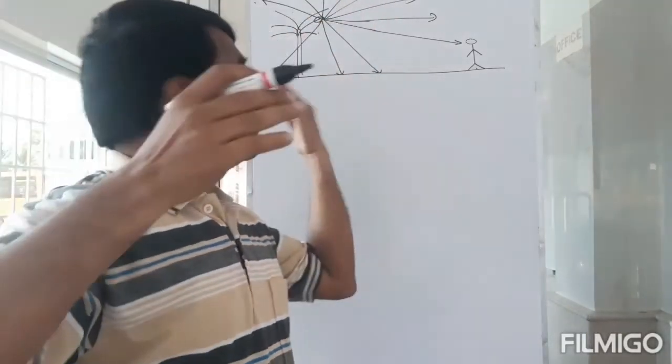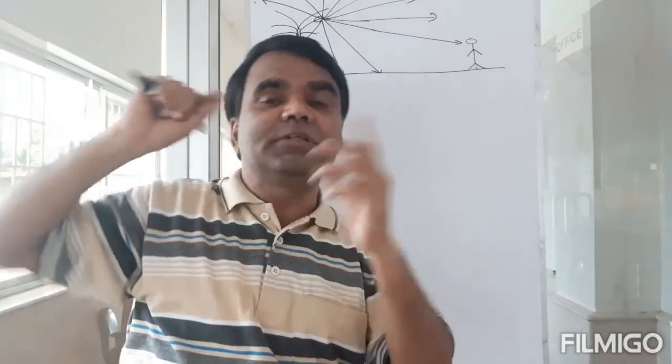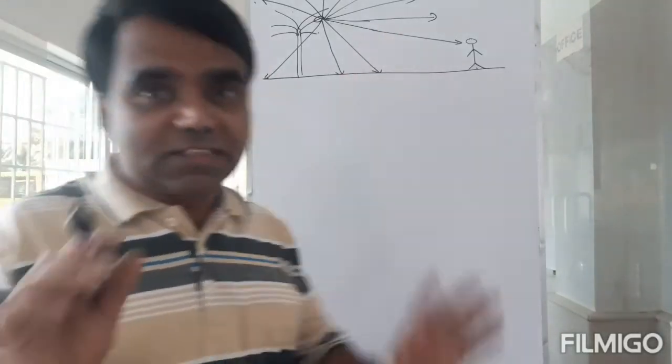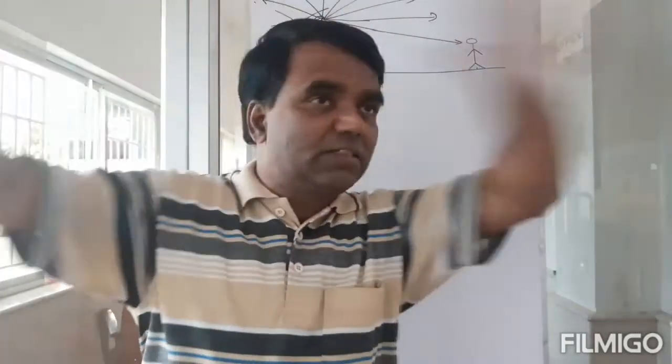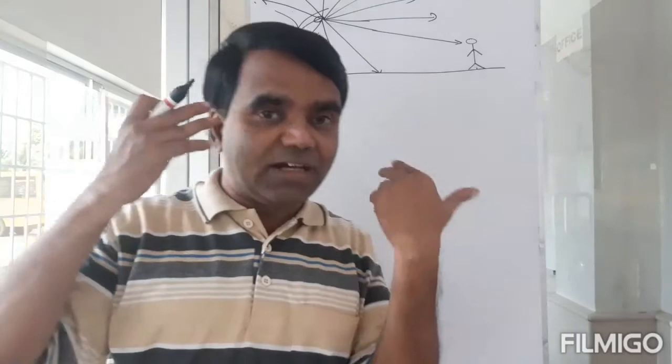I'm looking at the fan now, so that's exactly what is happening here. When you look at the tip of the fan, the light from the tip reaches my eye. Then I'm able to see it. It doesn't mean that there is only one ray, since it sends rays in all directions, right? Some of the rays will go and hit the ground also. They don't reach my eyes, so I don't see fans there.